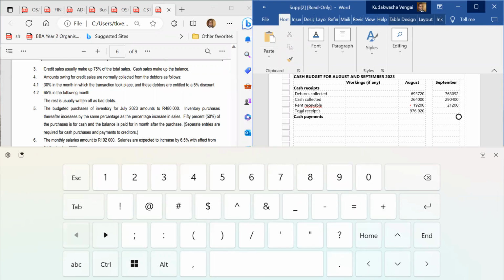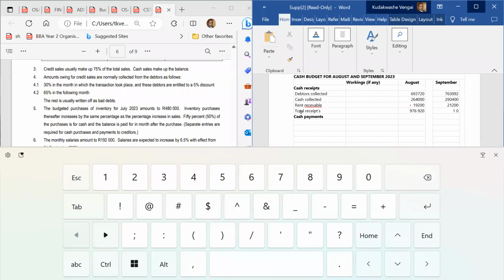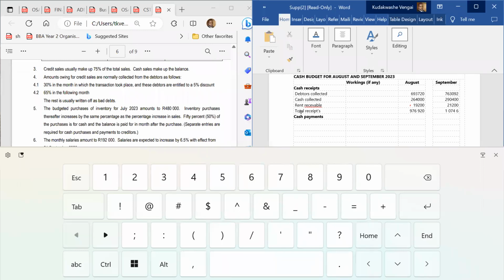And then for the other one, it's 763,090 plus 290,400 plus 21,200. And then we get here 1,074,692. So those are our total receipts.